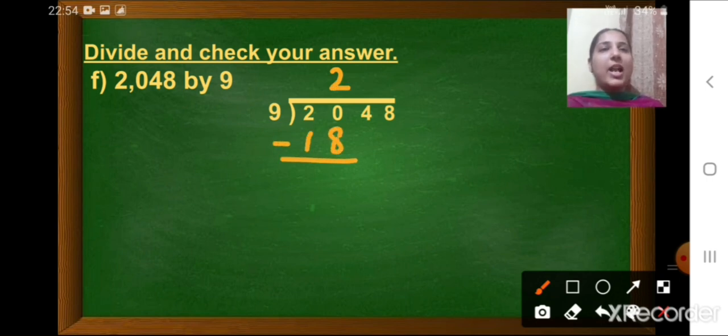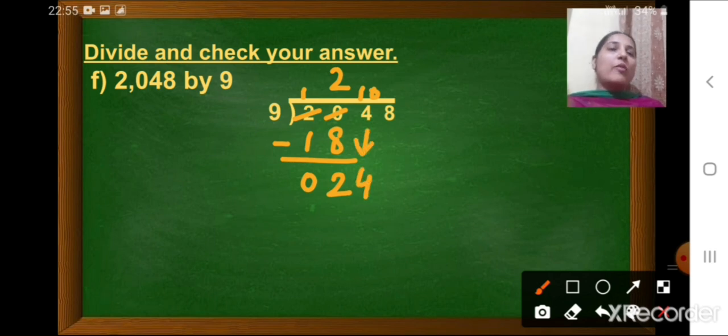Now let's subtract. There we have to borrow and there will be 1 remaining. So 10 minus 8 will get 2 here and 1 minus 1, 0. Now we will bring down this 4 here. So 24. Again 9 2 times is 18, 9 3 times is 27, which will be more.